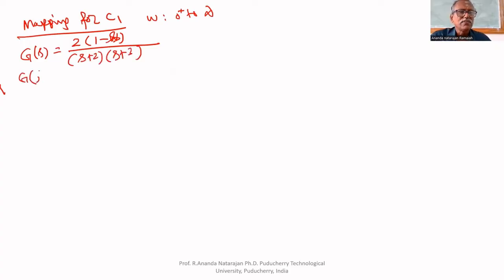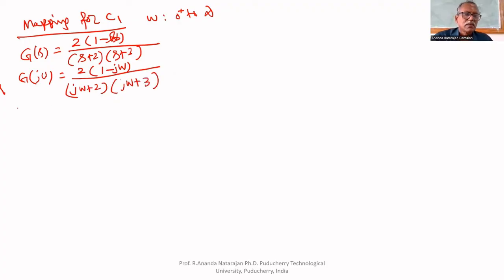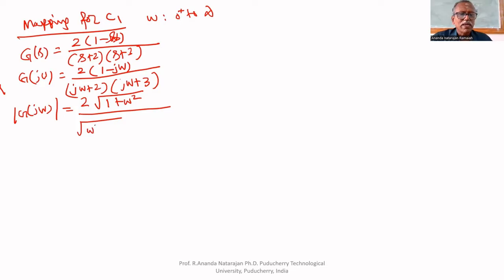Therefore, G of j omega equal to 2 multiplied by (1 minus j omega) upon (j omega plus 2) multiplied by (j omega plus 3). Therefore, modulus of G of j omega equal to 2 square root of (1 plus omega square) upon square root of (omega square plus 4) square root of (omega square plus 9).